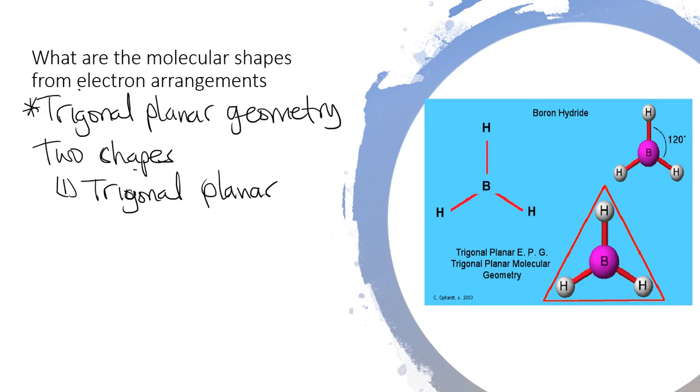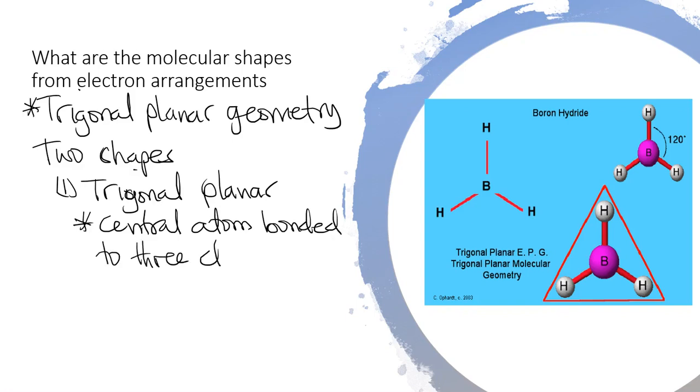This shape occurs when the central atom is bonded to three chemical bonds. So that's when you have a trigonal planar shape.